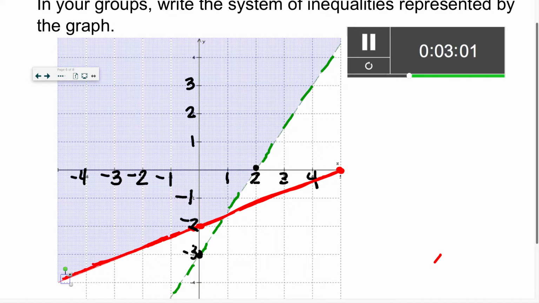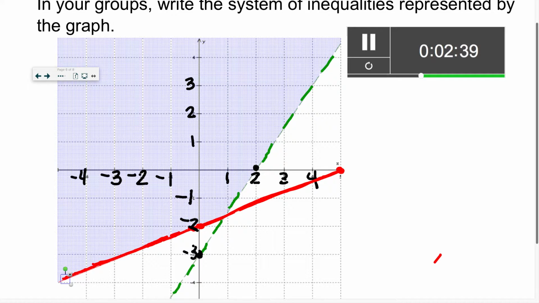So 0 is greater than or equal to 0 times a number minus 2. We have to make it true, so 0 is greater than or equal to negative 2. Greater than or equal to, wait, greater than.